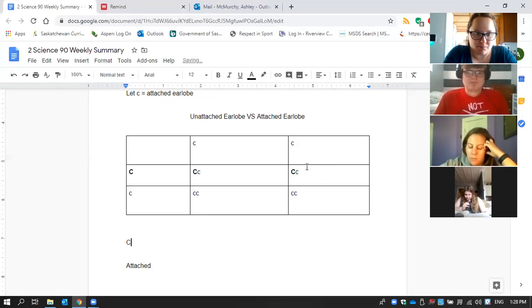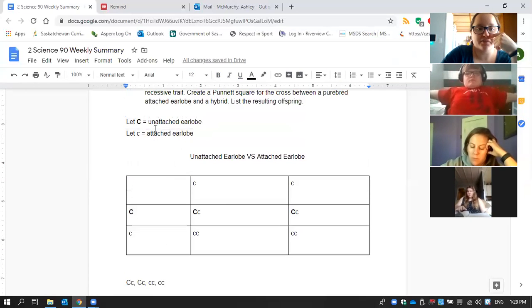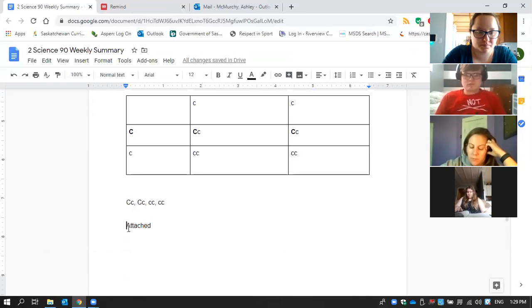So we have a big C, little c, big C, little c, small c's, and small c's. So if you have a hybrid right here, this means that the dominant trait is going to show. So we would have 2 organisms that have unattached earlobes. So they'll be unattached, sorry.